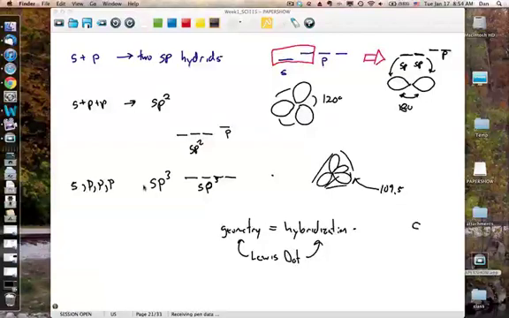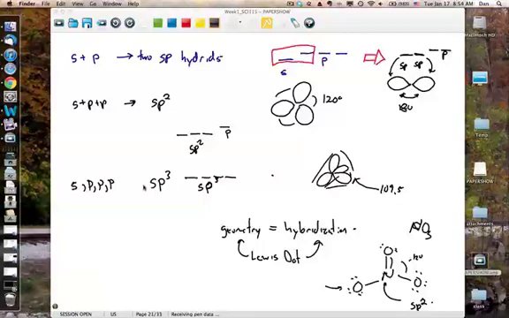If we take a look at our example of nitrate, NO3, we draw the nitrate, we can look at the nitrogen and we can say, oh, this nitrogen, because of the bond angles of being 120 degrees, must be generated from an sp2 hybridized structure. So this nitrogen has an sp2 hybrid.